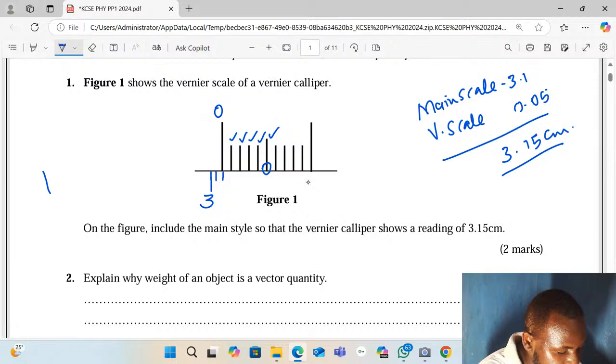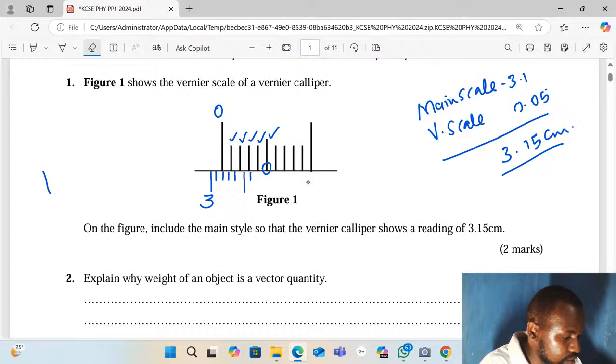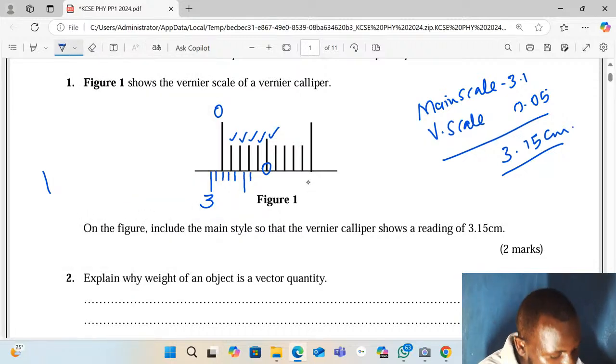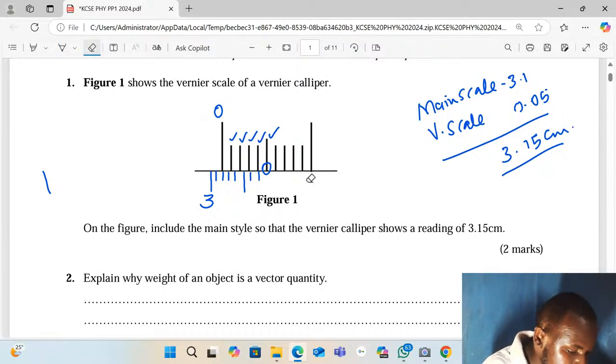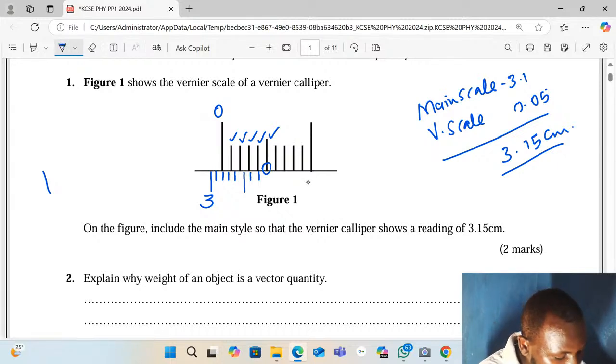3.2, 3.3, 3.4, 3.5, 3.6, 3.7. I can say 3.7 somewhere here. That is 3.7, and then I have 3.7 at this mark.